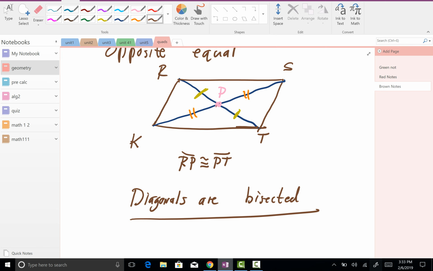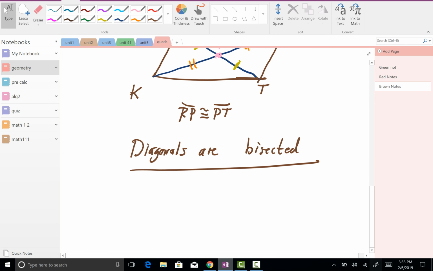So when we start looking at parallelograms, remember, when we classified them, not only does this hold for parallelograms, but what other shapes should have the same properties that this does? All right? What's one of the shapes that should have the same property? Well, rectangle, square, rhombus.